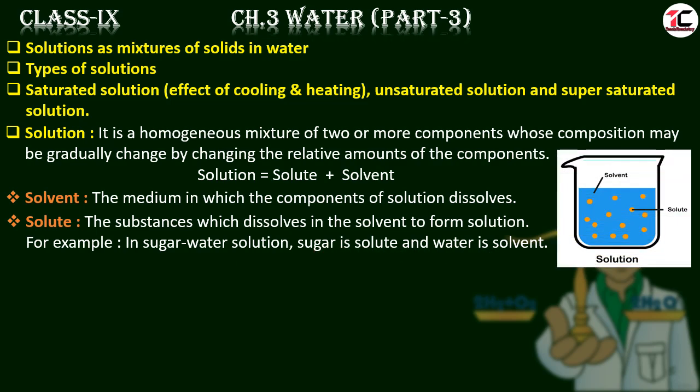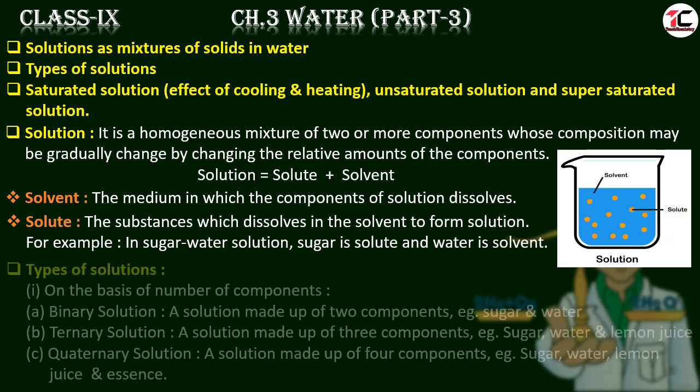Let us see in the diagram. Here is a solution. We can see here are two particles. One particle is in maximum amount, blue particle, and the brown particles are in less amount. The more amount particles is the solvent and less amount particles is the solute.